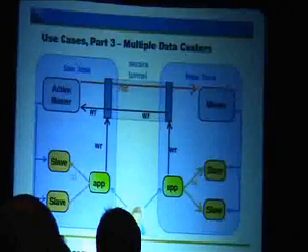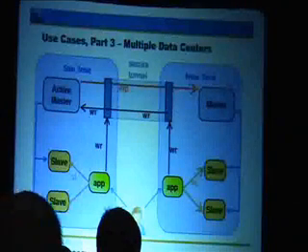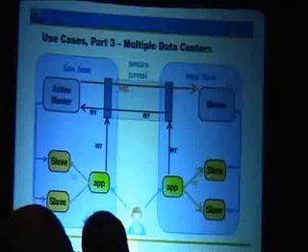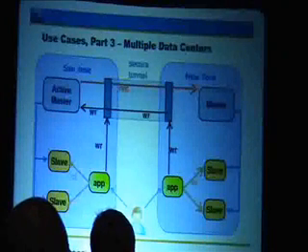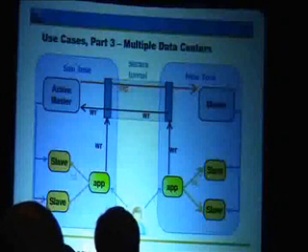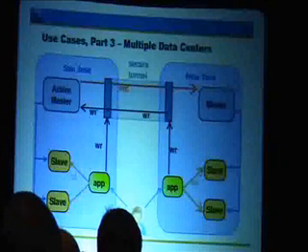Okay, and this is another setup which Jeremy was explaining two years ago. In this setup, the user can have applications that are connected to slaves. If you do a write, you write everything on the active master.